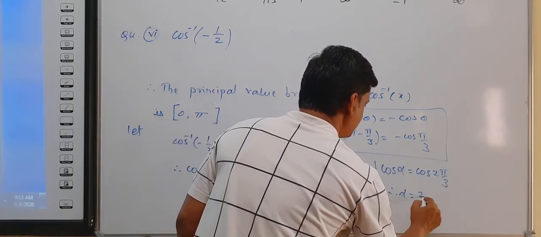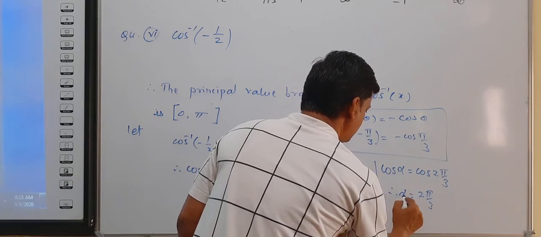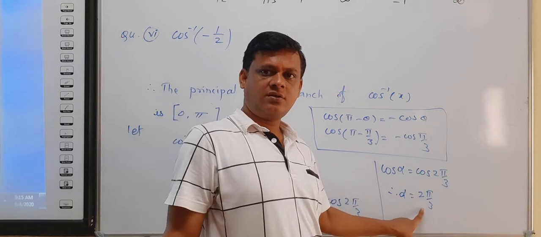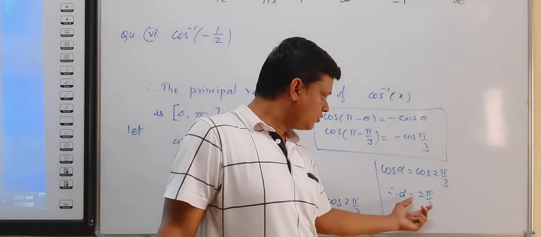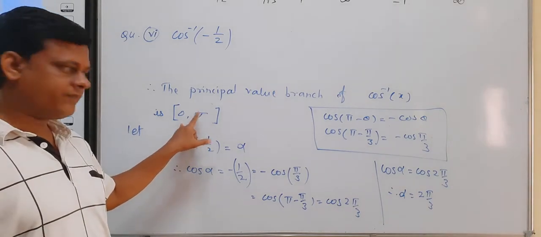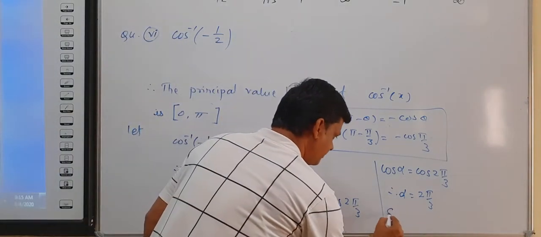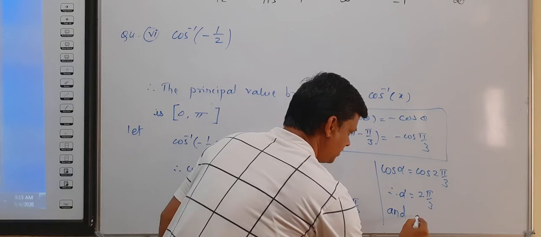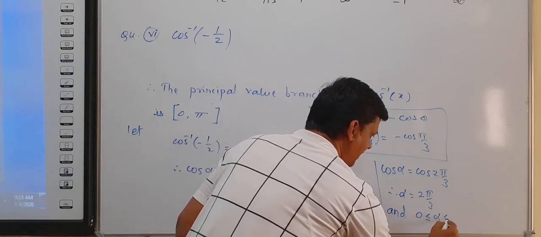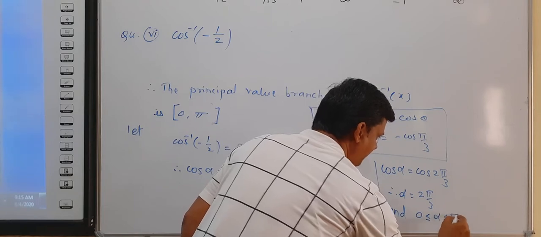Therefore alpha equals 2 pi by 3. Pi by 3 means 60, so 2 pi by 3 is 120. So 120 belongs to this closed interval 0 to pi, and 0 less than or equal to alpha less than or equal to pi.